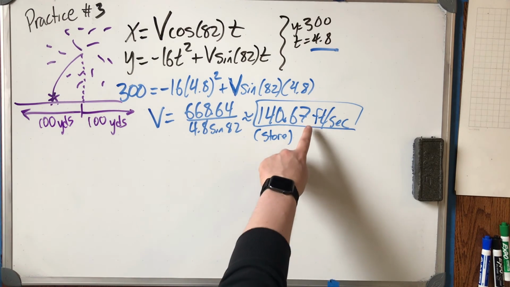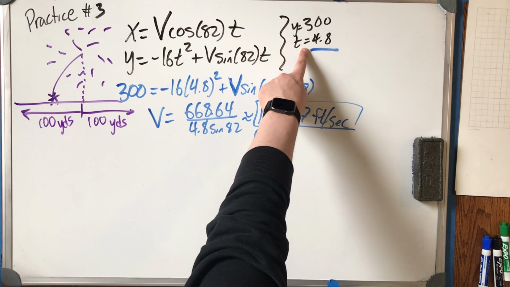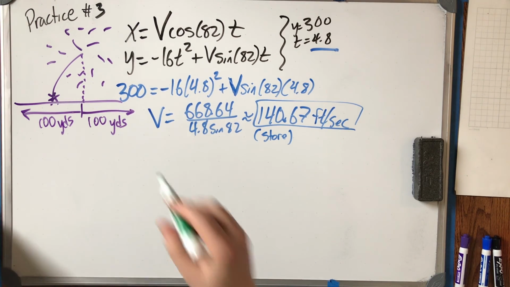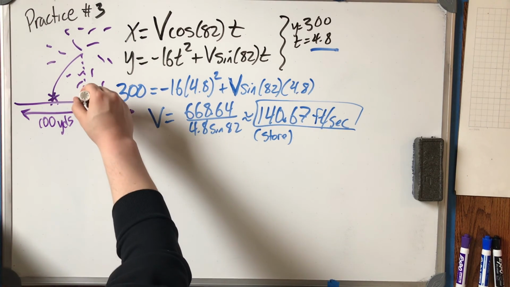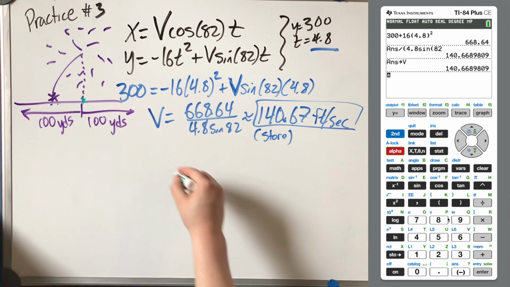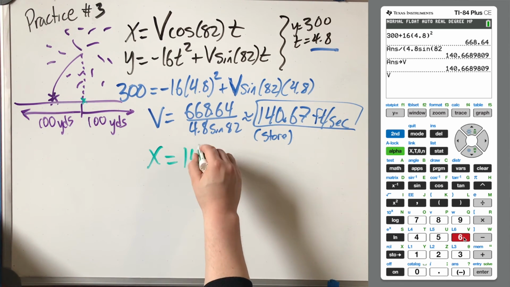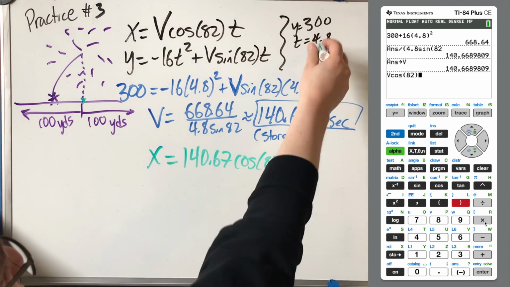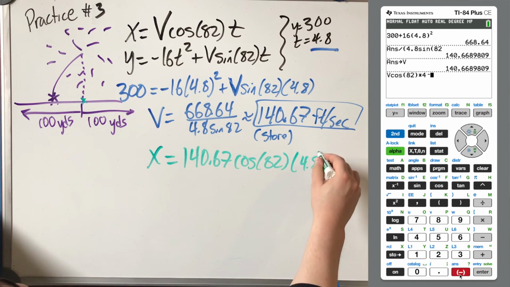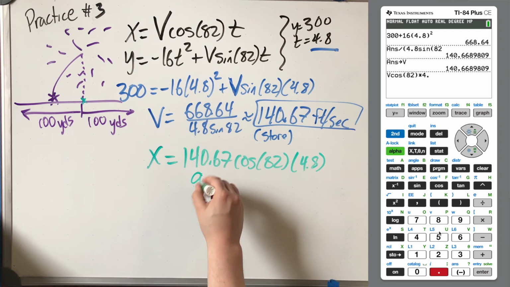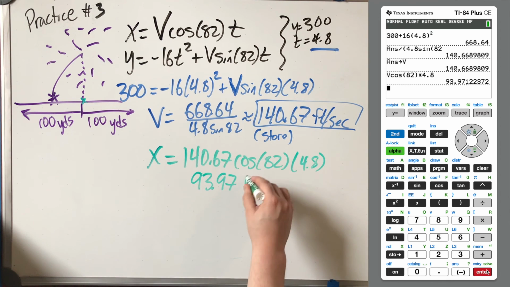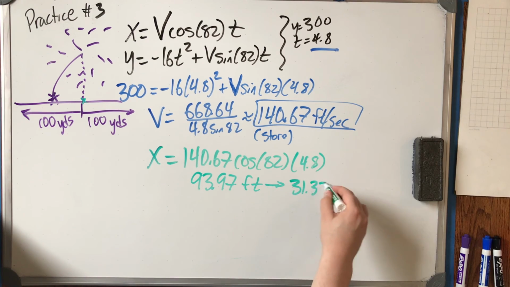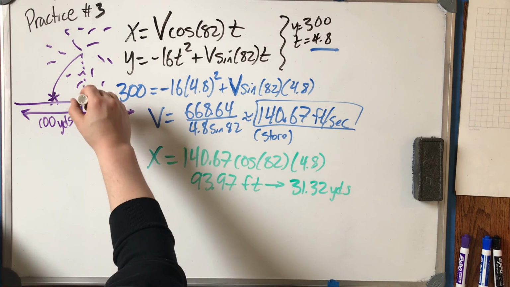Now that we have this initial velocity and we know that it's going to explode at 4.8, we can plug a lot into this x equation. We can figure out the x part by using the initial velocity, 140.67, cosine 82 at time 4.8. When we do that, we get 93.97, but remember that this is in feet, so I'll divide by 3 to get 31.32 yards. So that's what this value is right here.